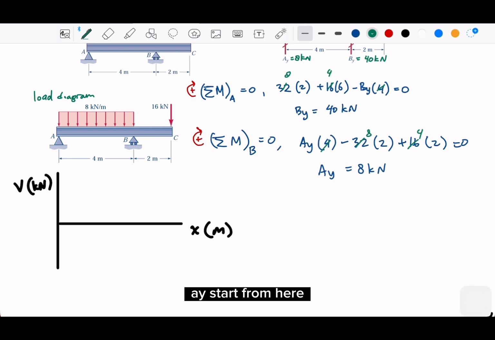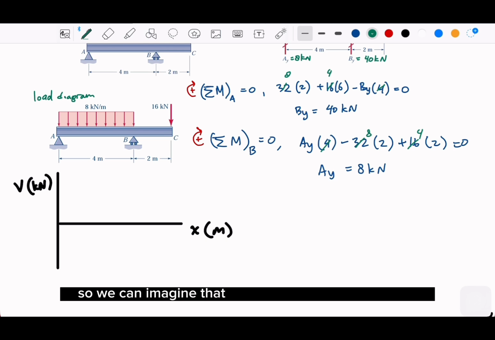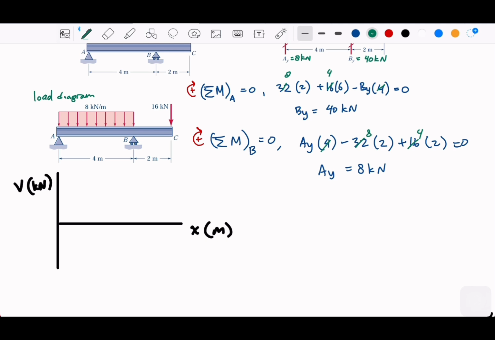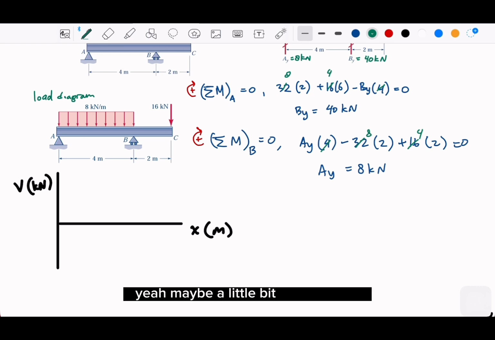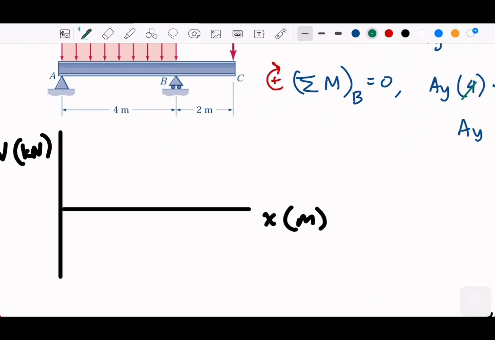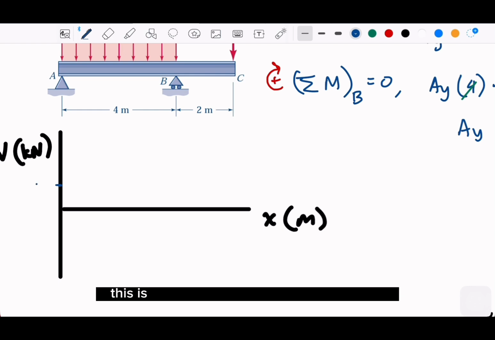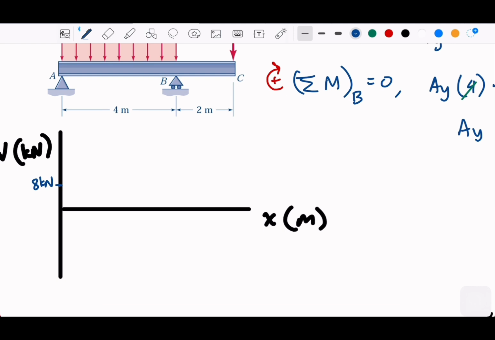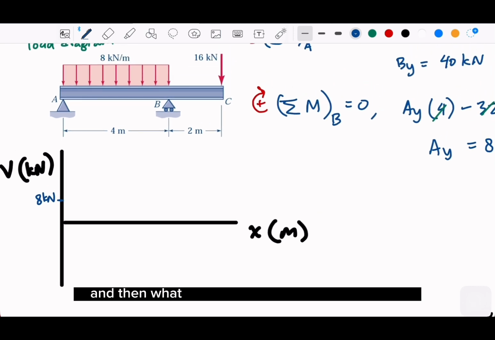AY, we start from here, 8 kilonewton. It's positive, so it's starting from here. So we can imagine that maybe around this point here, 8, and maybe a little bit smaller, around here. This is 8 kilonewton. Okay, start from there. And then what will happen with this distribution load?